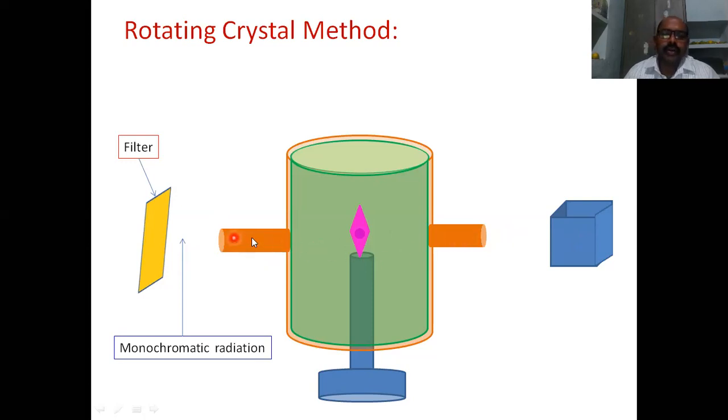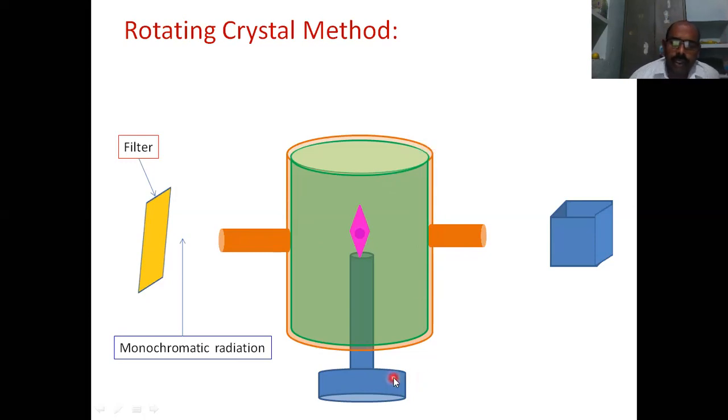Whenever it falls here, reflections occur in all directions. The green one is a photographic film, in a cylindrical camera. The inner side is coated with photographic film, shown in green color, and this yellow one is the cylindrical camera.